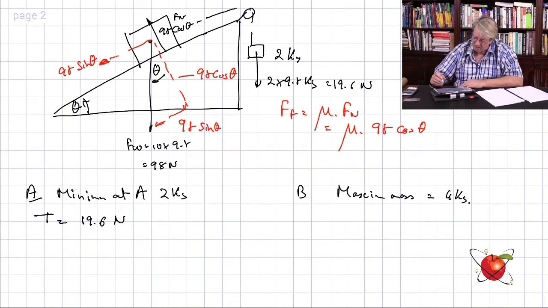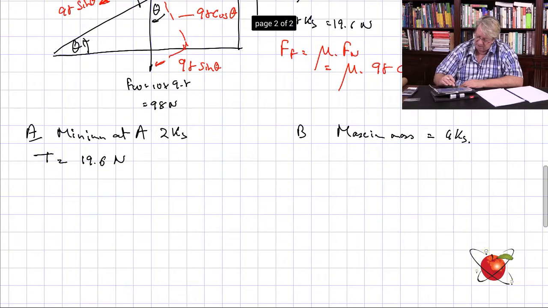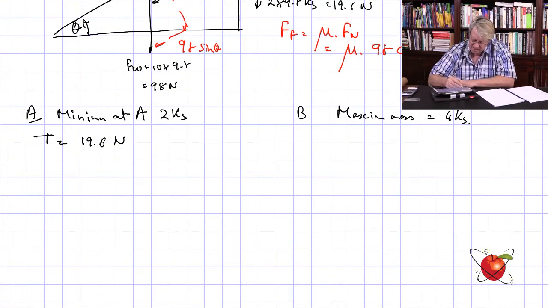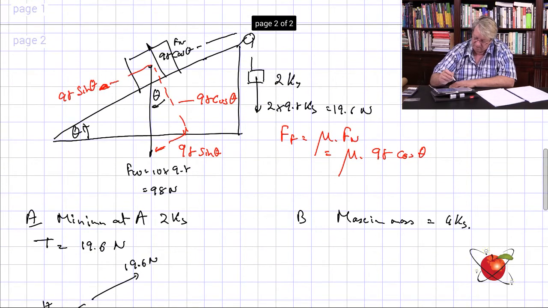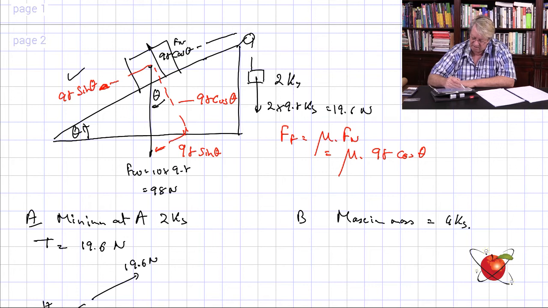Now if we look at that, let's just break that down. I've got 19.6 newtons acting up, and we've got 98 sine theta acting down, mg sine theta acting down.